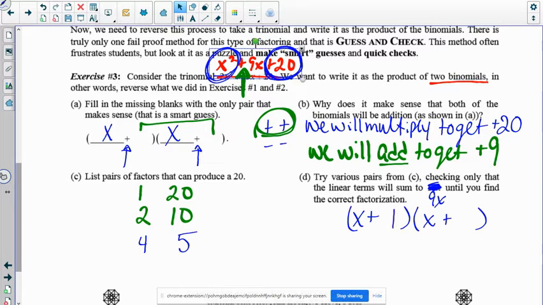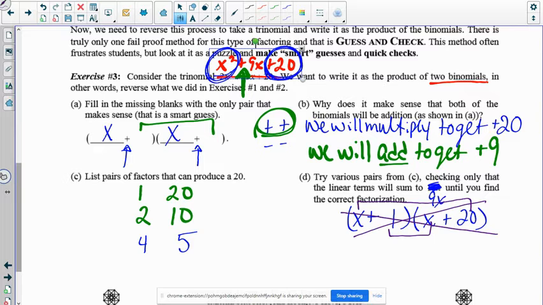So if I try 1 and 20, will that get me the positive 9x that I need in the middle? If I have 20x and 1x, no, that's not going to work, because that would get me to 21x.